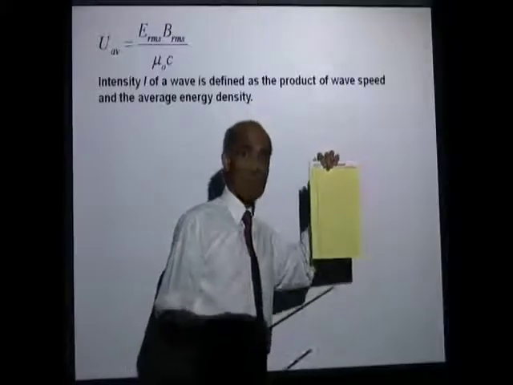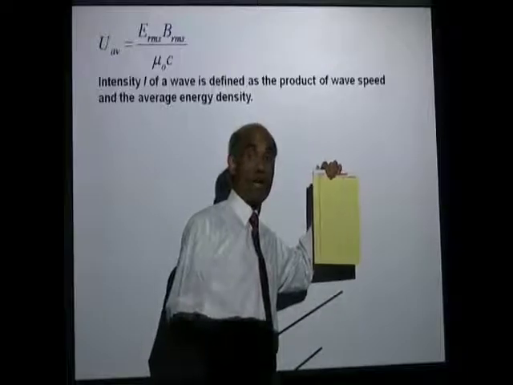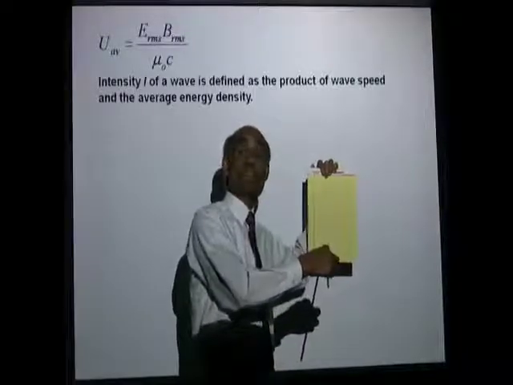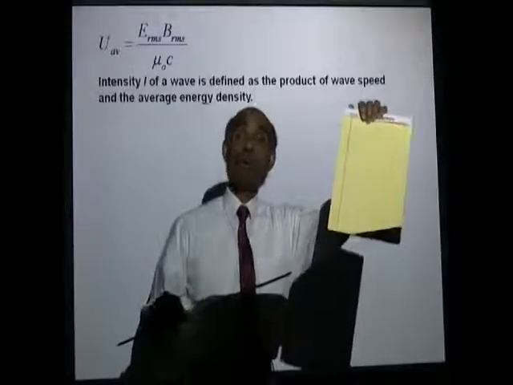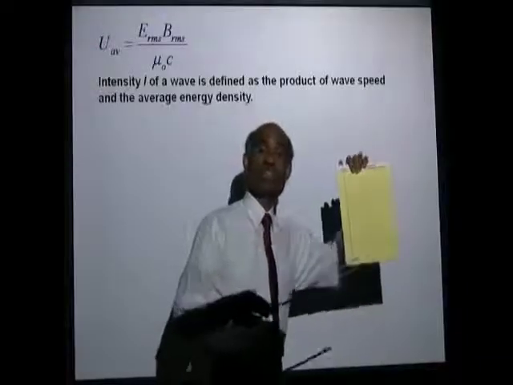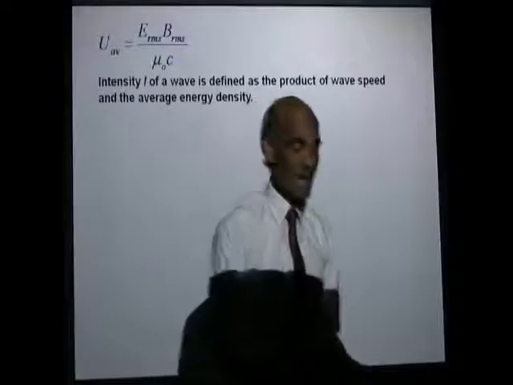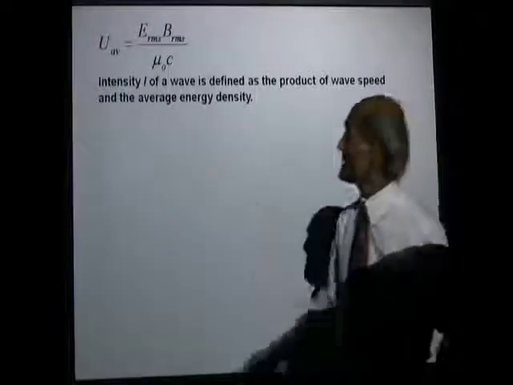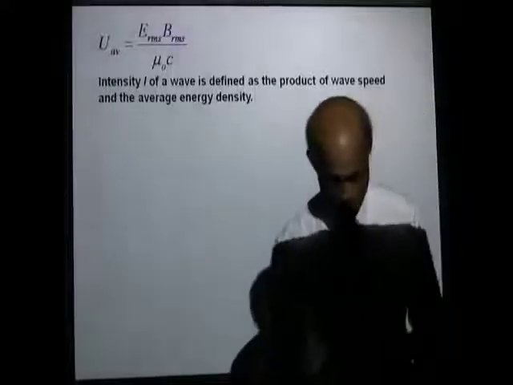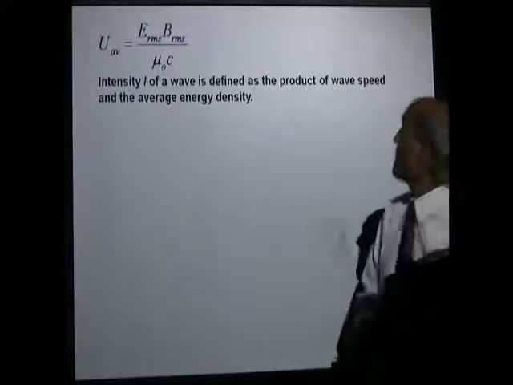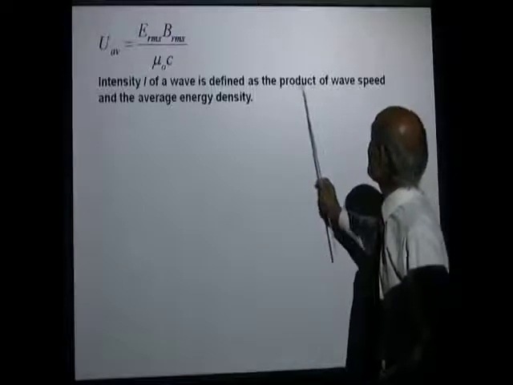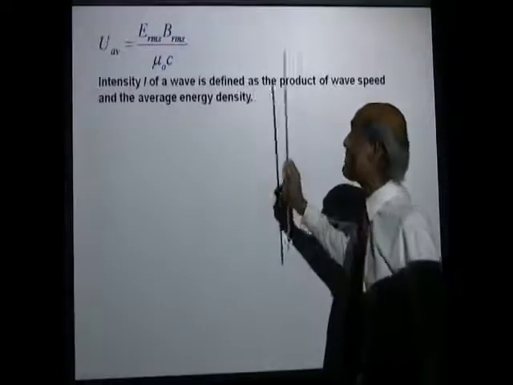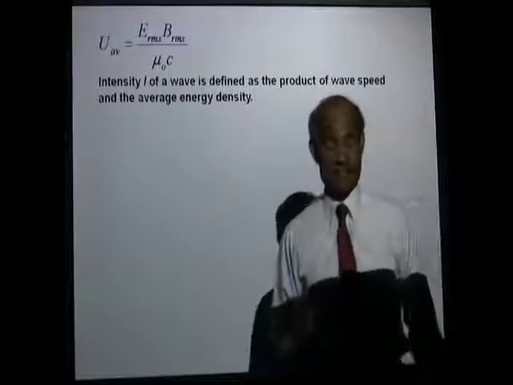Now, if I move this unit area away, the amount of power crossing that unit area will be less. That means as you move away from the source, the intensity will become less and less. Alright, so the intensity I of the wave is defined as the product of wave speed and the average energy density.